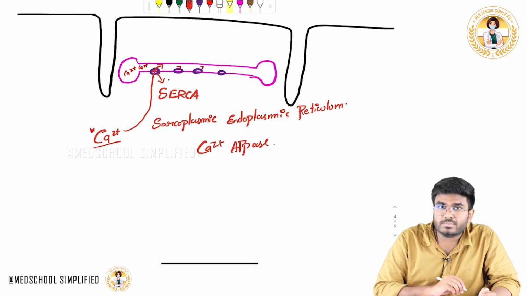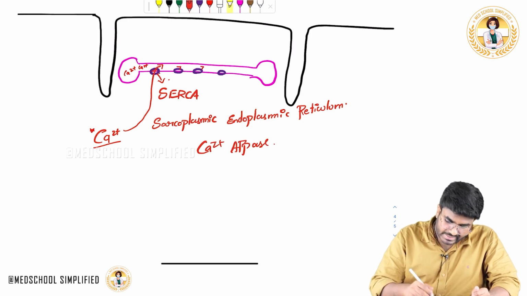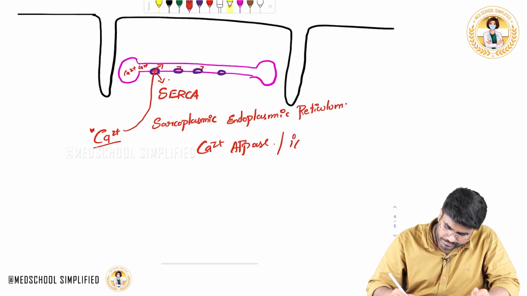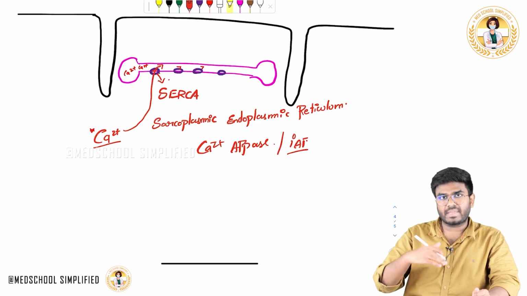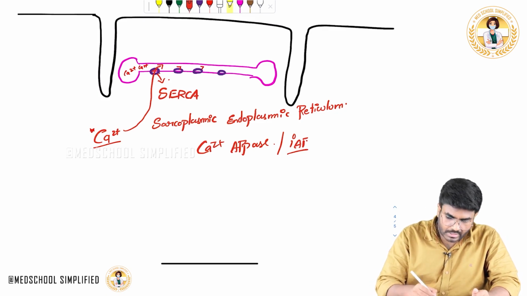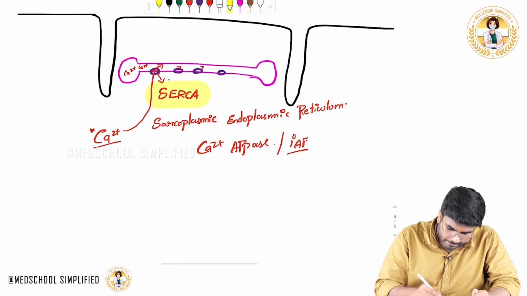So, sarcoplasmic endoplasmic reticulum calcium ATPase. Okay, it's an example of primary active transport. By using ATP, calcium will be sequestered.